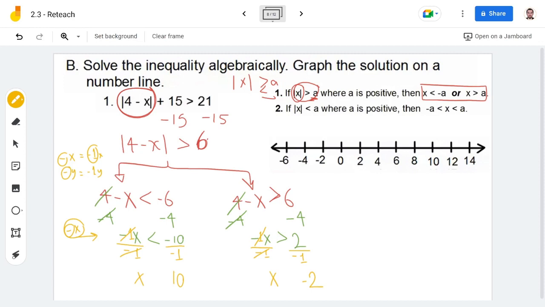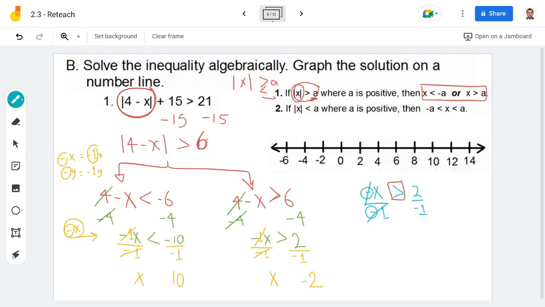Now, you will ask me, teacher, why didn't you flip the inequality? Always, always, always, when you have, for example, negative x greater than, let's say, 2 or 3 or whatever, and you need to divide by negative 1, when you divide by a negative sign, you don't keep your inequality the same.